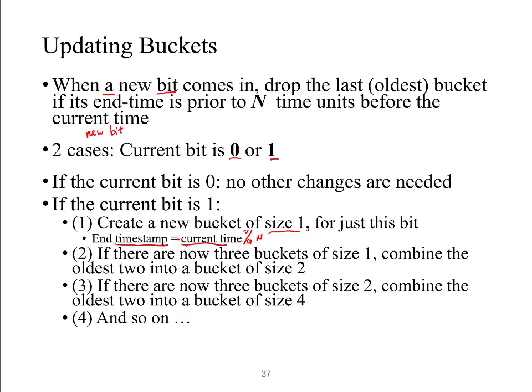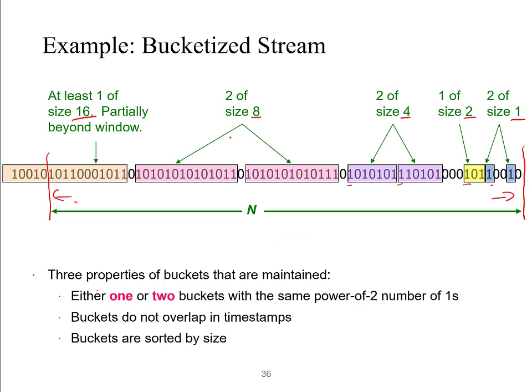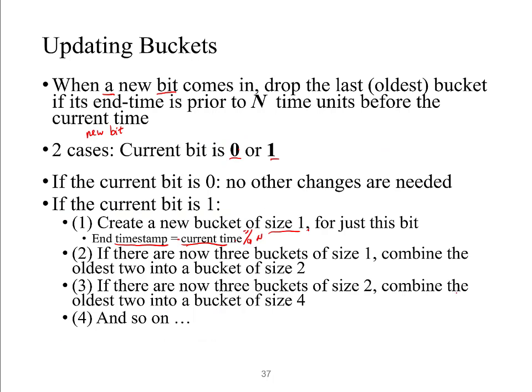Now, if you still remember, I believe you must remember, we can have either 1 or 2 buckets with the same power of 2 number of ones. So if we have 3 buckets of size 1, then we need to reduce it, right? 3 is larger than 2.